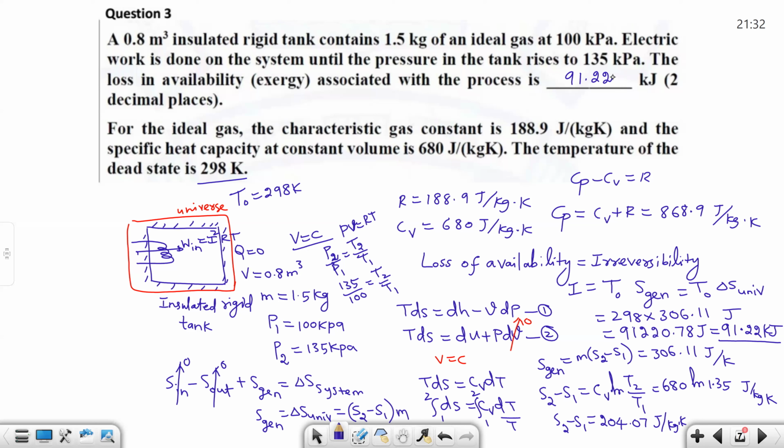Loss of availability is the destruction of available energy, which is nothing but irreversibility. Now we move to the next question.